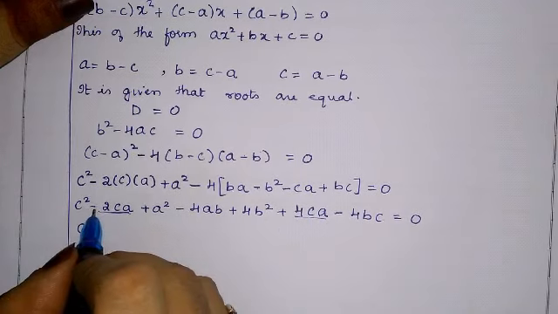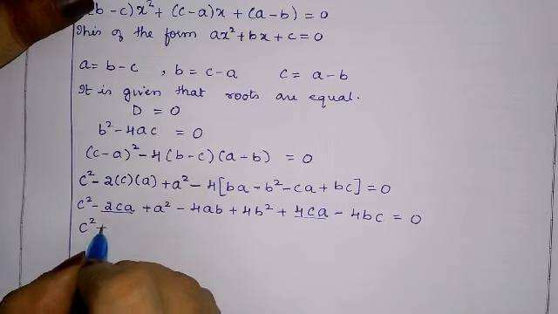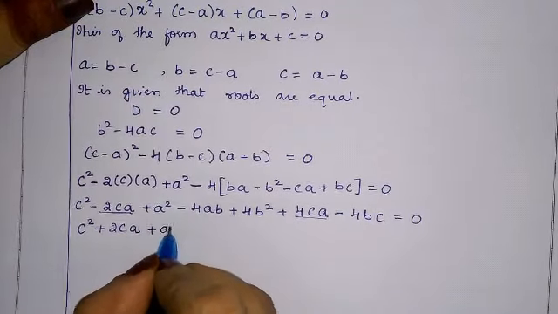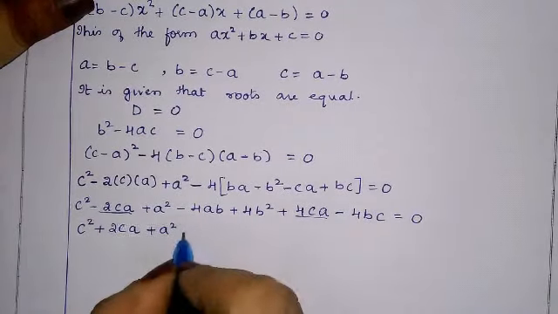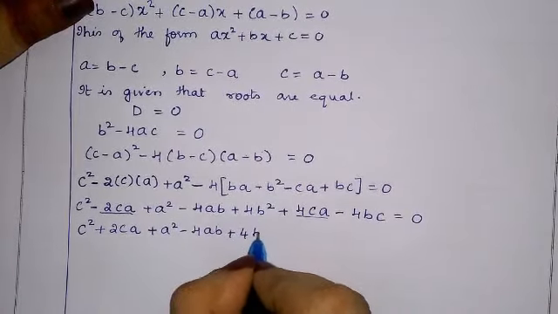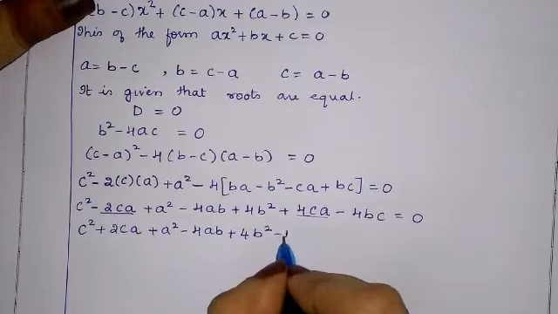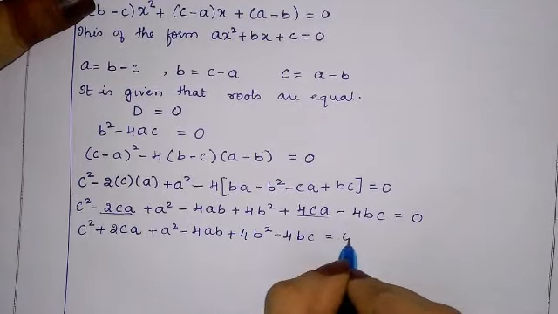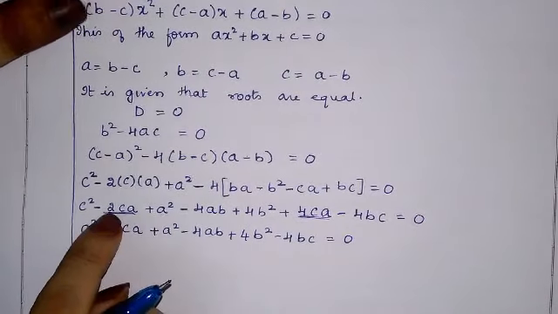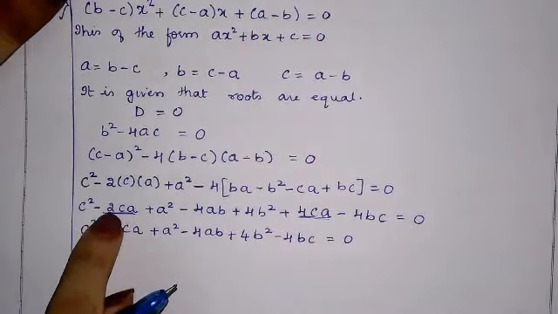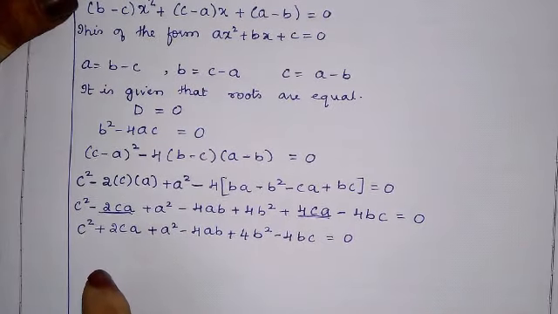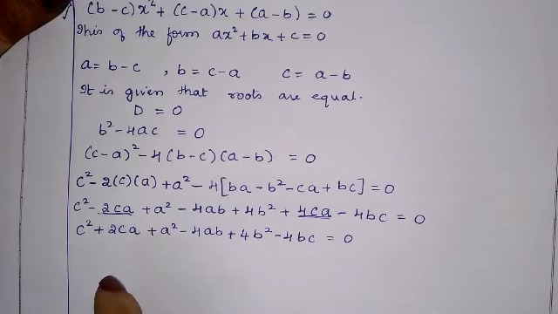From 4ca if we remove 2ca, plus 2ca will be left. a square alone, a square minus 4ab as it is, plus 4b square also as it is, minus 4bc also as it is. Only these two we have, 4ca minus 2ca we have done. Now we will write properly here. We know the formula for a square minus b square minus c square.